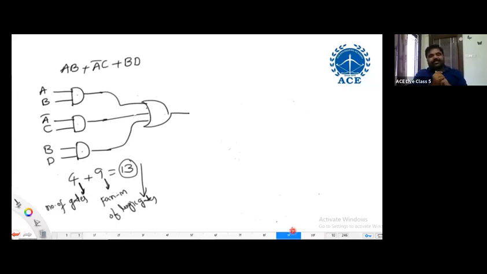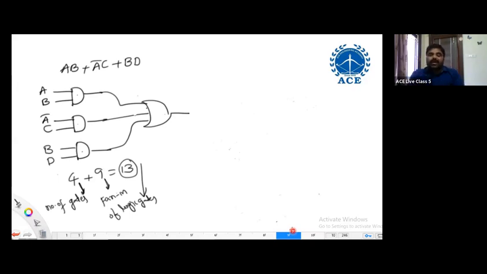So, the simple concept we have understood with this example is what minimization includes: reducing the number of gates, and reducing the fan-in of each and every logic gate, which is nothing but the number of inputs of a logic gate. Because without minimizing, if you are implementing, it may be required to use 3-input AND gates or 4-input OR gates also.